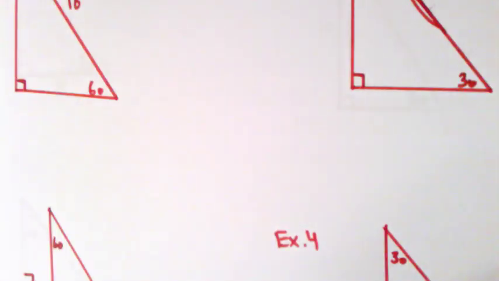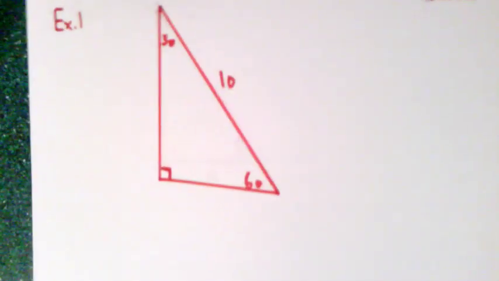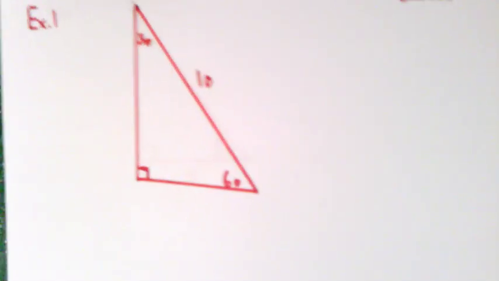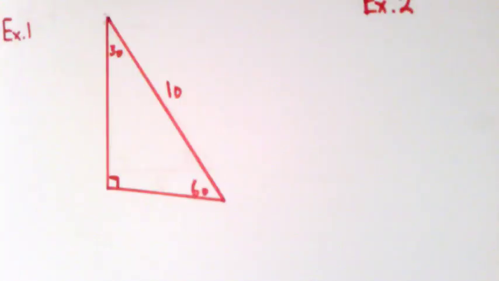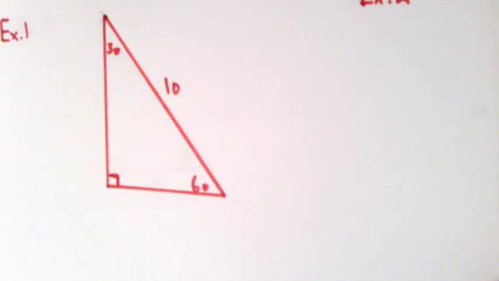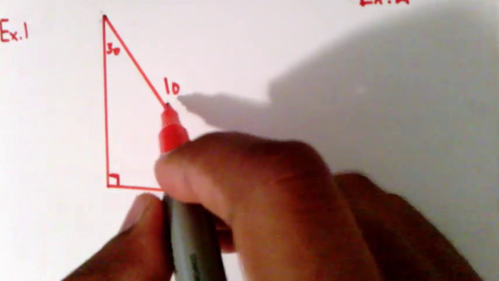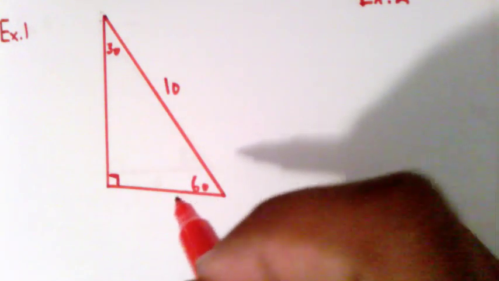The first example will show me a 30, 60, 90-degree triangle. And, well, let's take a look. I'm given my hypotenuse, that's 10, right? And I always try to look for my 30-degree angle first.